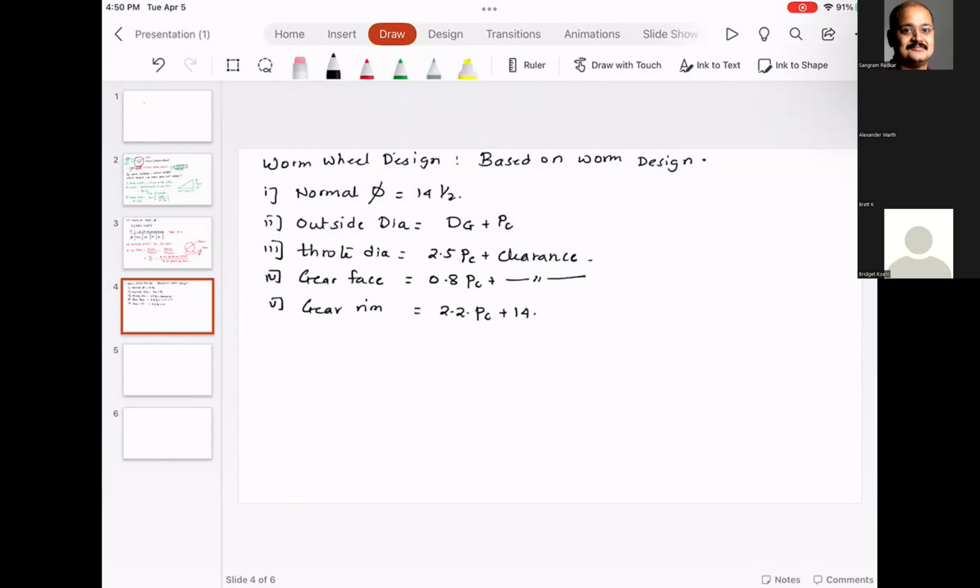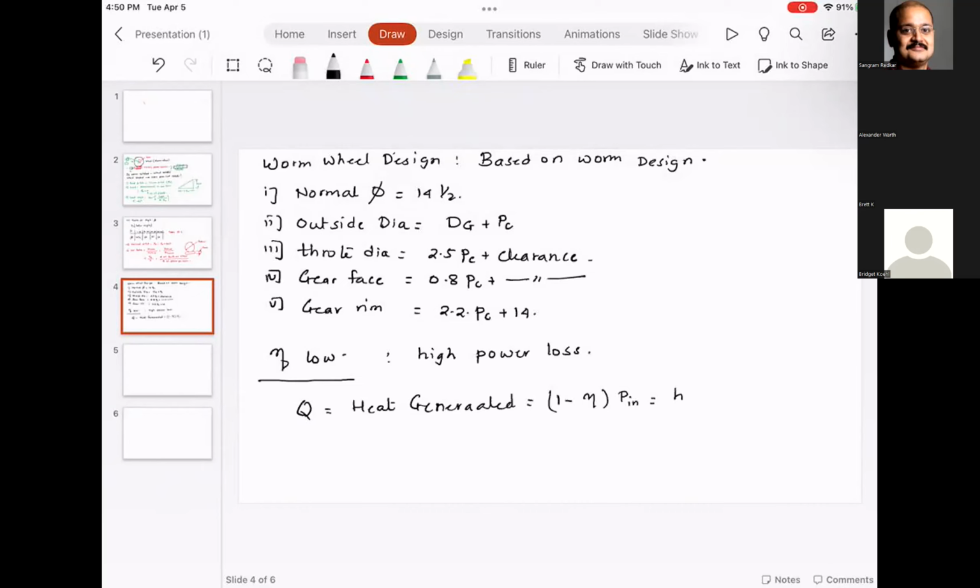Now the major problem with worm and worm wheel is the efficiency is low. Since the efficiency is low, that results in high power loss. And whatever power that we lose is converted into heat. So basically Q, which is the heat generated, is equal to 1 minus efficiency multiplied by power input.